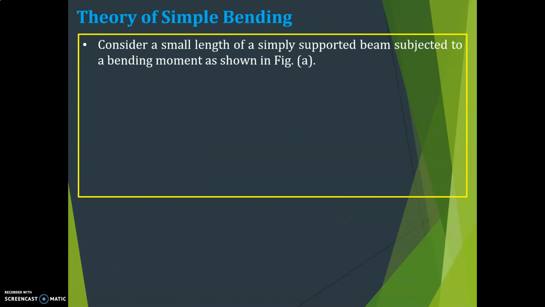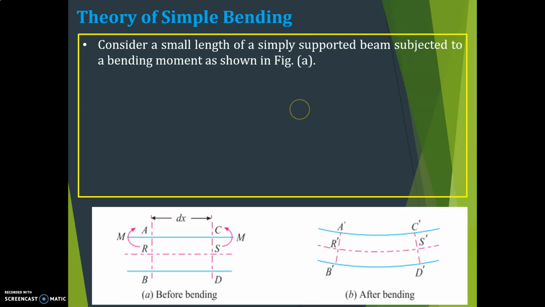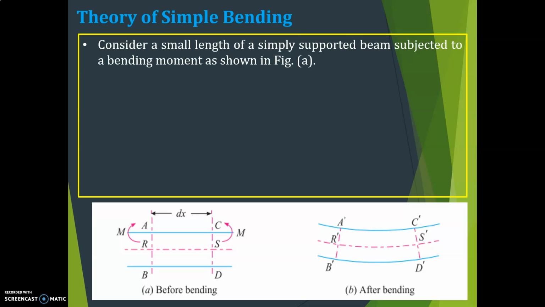Now we will see what this theory of simple bending is. Consider a small length of a simply supported beam subjected to a bending moment, as shown in figure A. Let us consider this beam RS, subjected to the bending moment M on both sides.